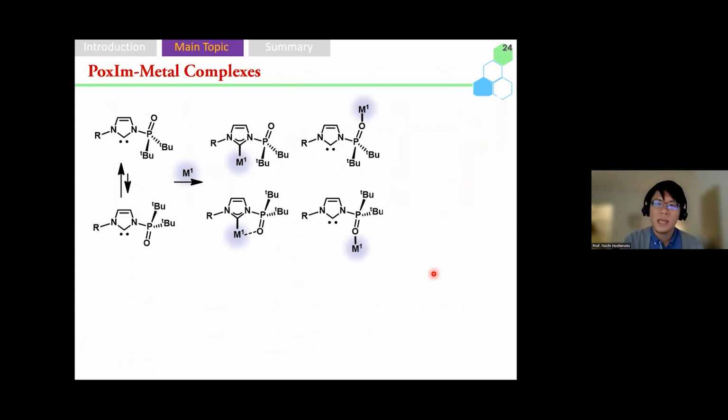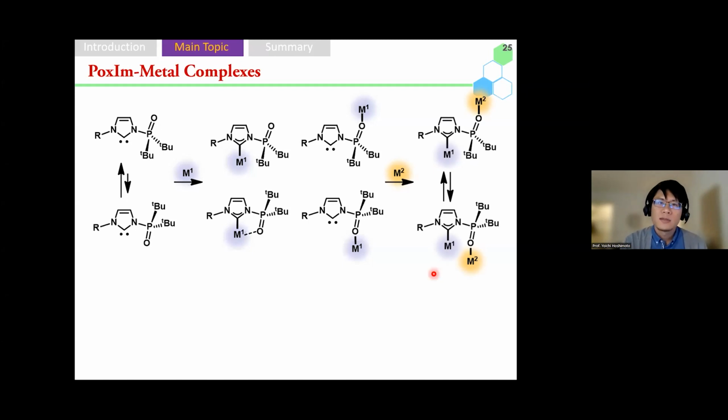Okay, then we envisioned what would happen if we add second metals. Because toxin includes two characteristic Lewis basic sites, we envisioned toxin can also work as a good platform to prepare heterobimetallic complexes, which can undergo dynamic conformational change through the rotation of phosphine oxide.